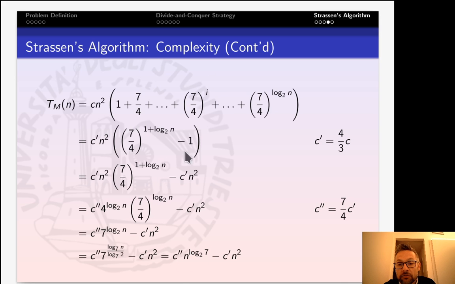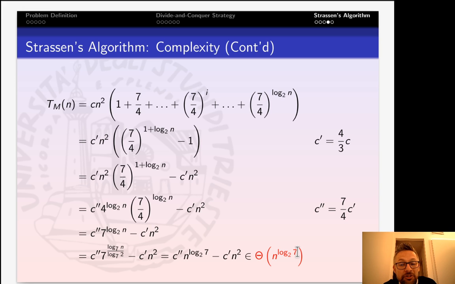Of course, the slides contain all the computation. I don't want to go through all the calculus; you can do it on your own. However, we discovered that the complexity is now rather different with respect to the divide and conquer strategy, because now the complexity is theta of n to the power of logarithm base 2 of 7.